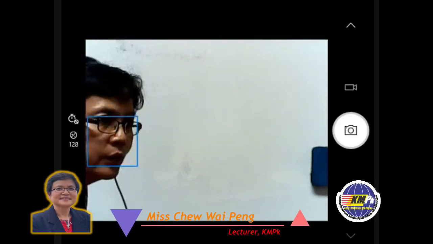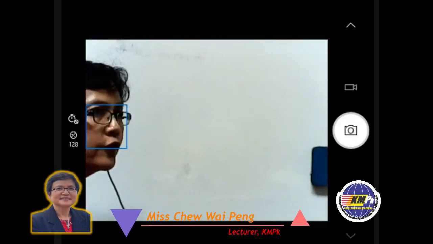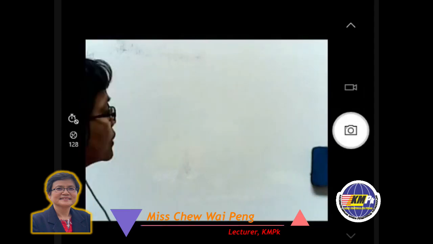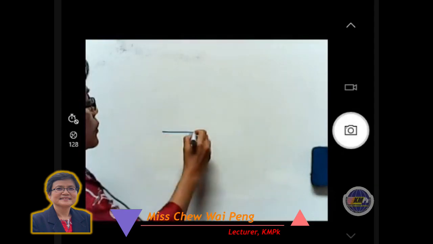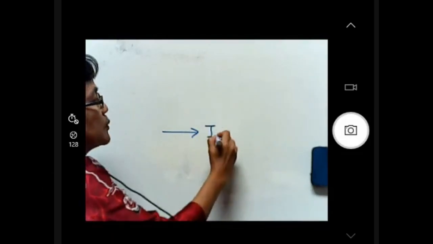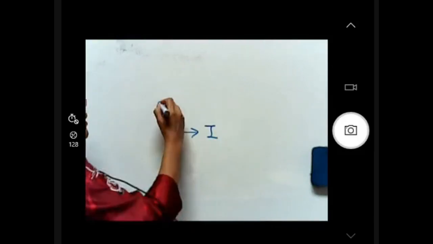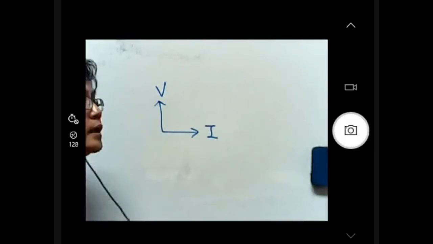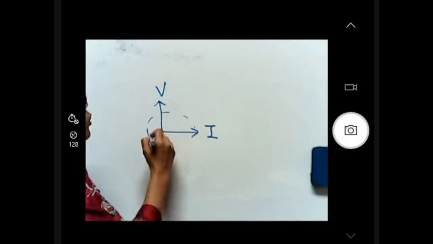Please note that you don't really have to draw the circle for a phasor diagram. You can just represent the phasor diagram with a line and an arrow, that will do. Let's say this is to represent current, this is to represent voltage, that will do. If you don't draw the circle, it's okay, no problem.